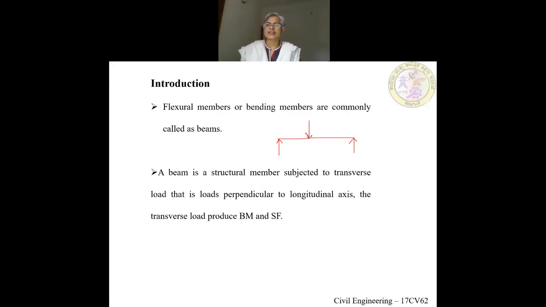They will be acting in the direction perpendicular to the longitudinal axis of the member. So this causes bending moment and shear force. So a beam is a structural member subjected to transverse load, that is, loads perpendicular to the longitudinal axis, which produce bending moment and shear force.